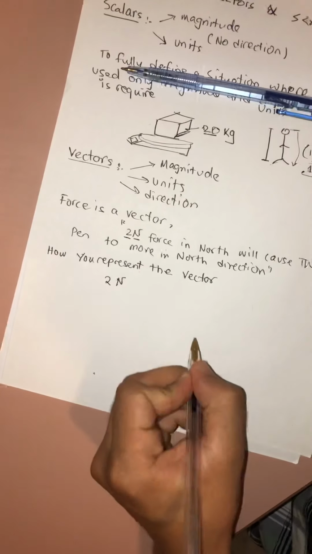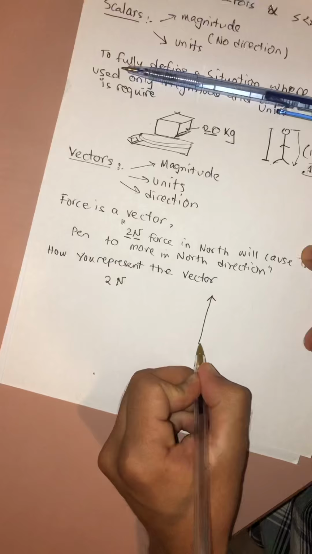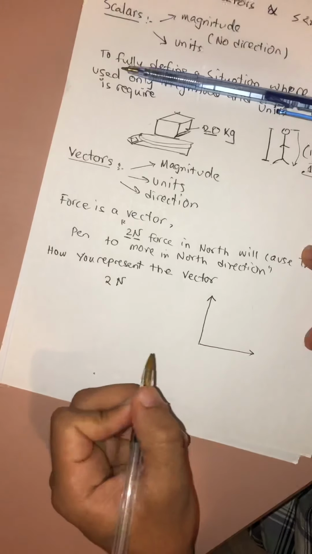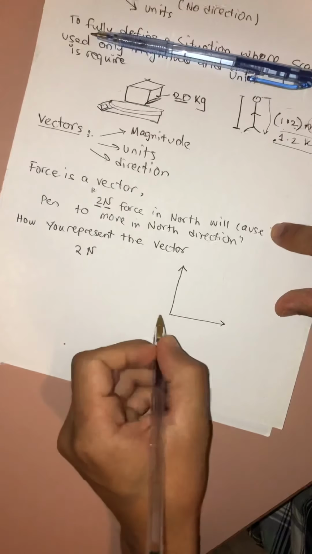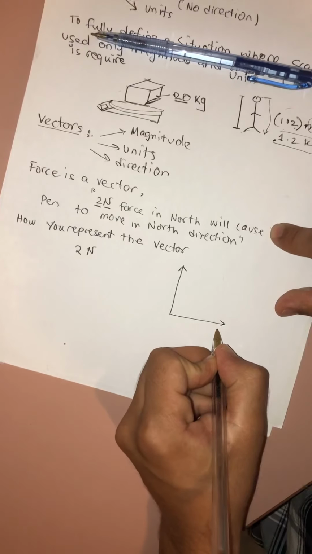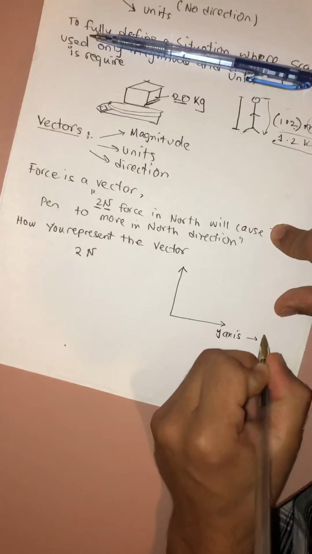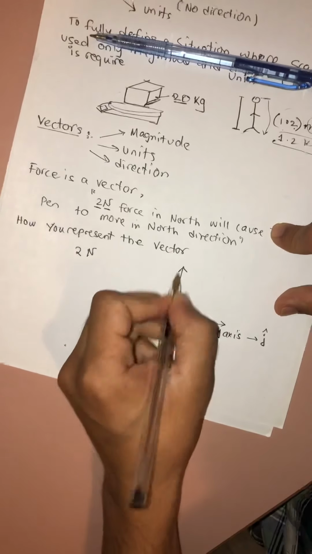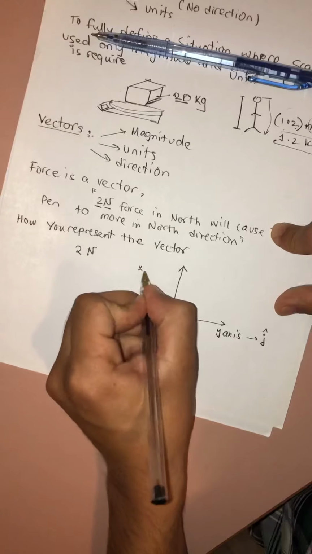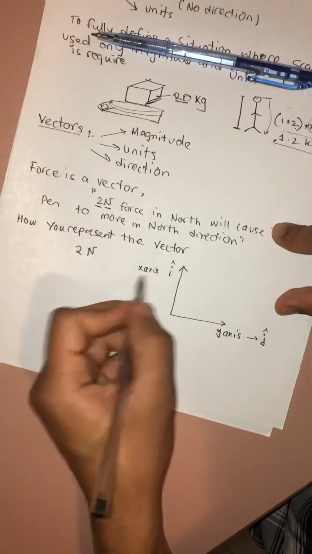For instance, consider this is a Cartesian plane. We have this direction as y-axis. Usually we use j as direction, and this direction is x-axis. We use i to represent this direction.